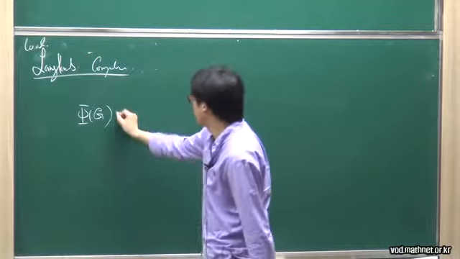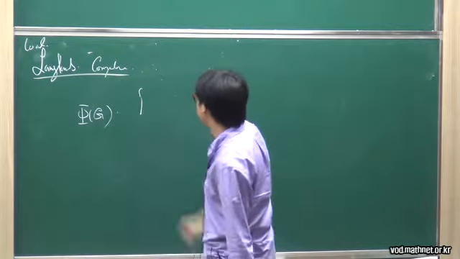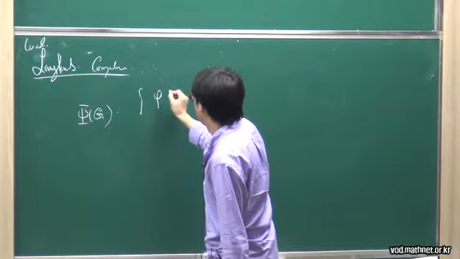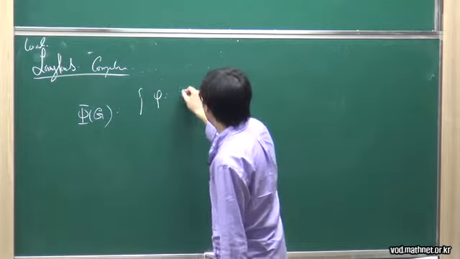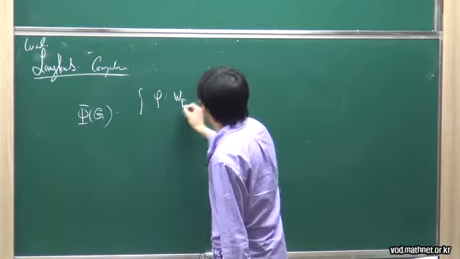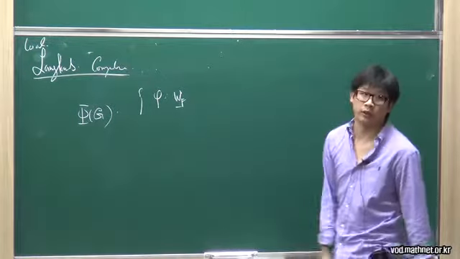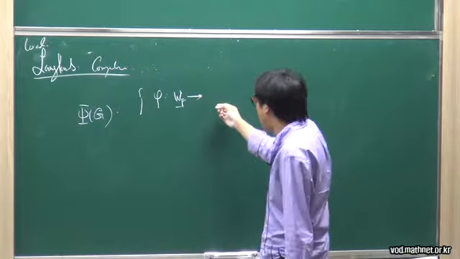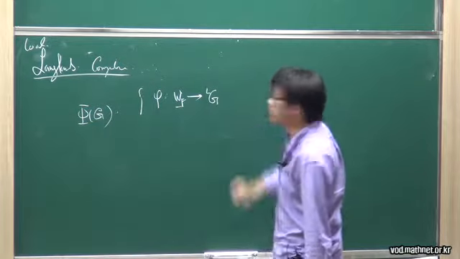This one is the set of the, this is the Weil group. In fact, we can think about this as the Galois group. Then this is a continuous L-homomorphism to the LG here.